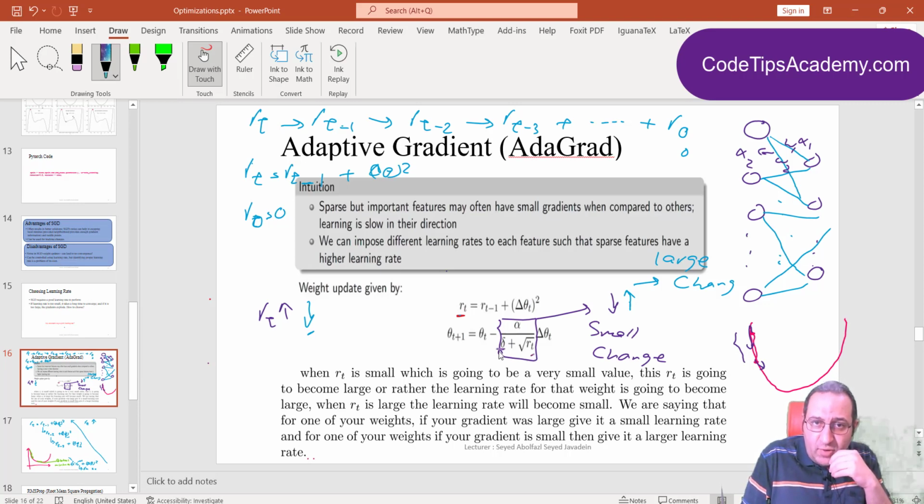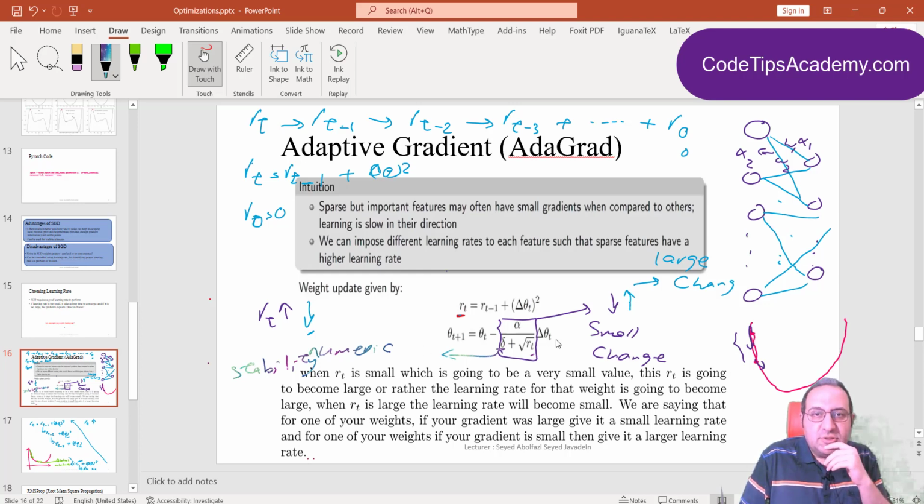We know what this is, and this is for numeric stability. You can see the words numeric stability sometimes in the papers.